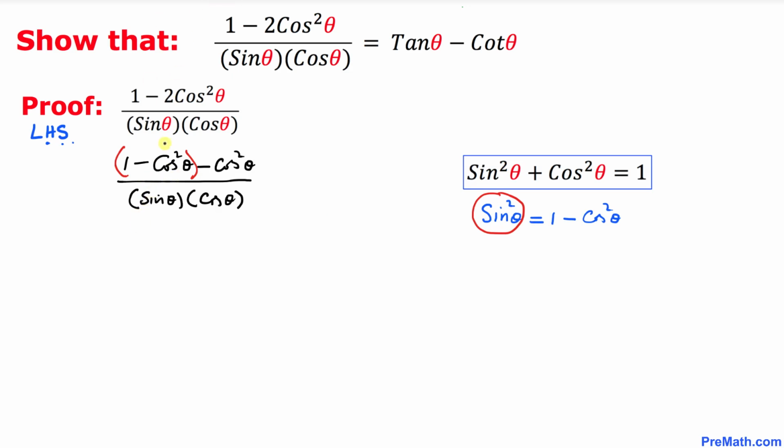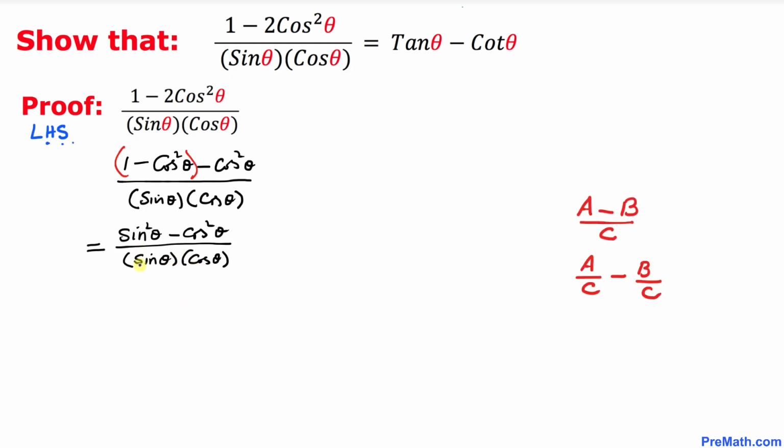So this is going to become sine square theta minus cosine square theta, divided by sine theta times cosine theta in the denominator.